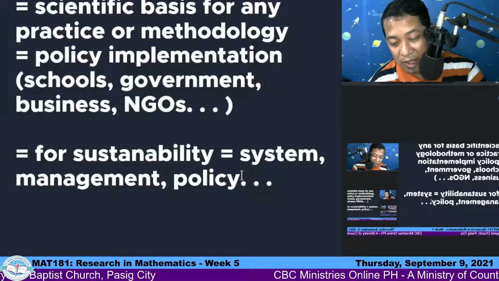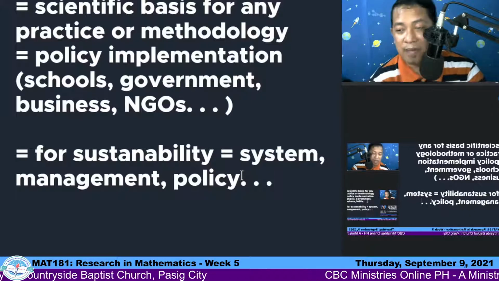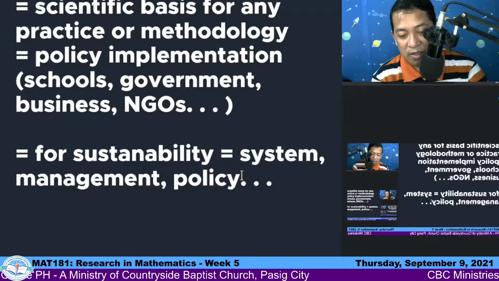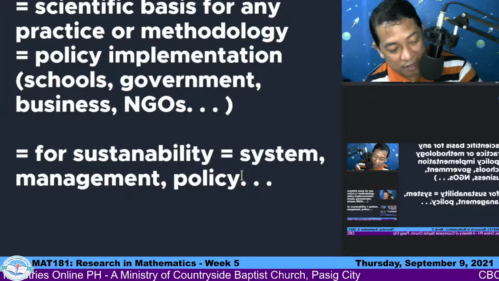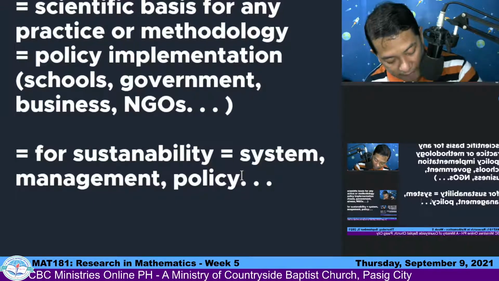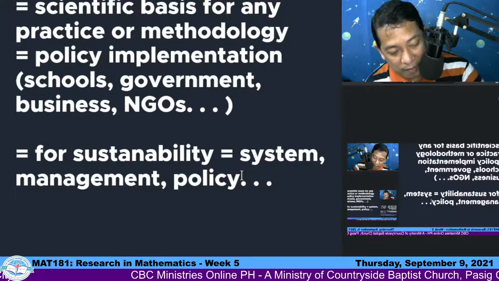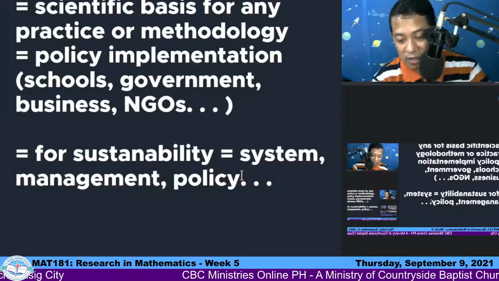An existing one, so that we may have an improved system. How could we improve an existing system? So it could be a research for sustainability. Research undertaken for sustainable development and for further productivity. So that's the purpose, no?